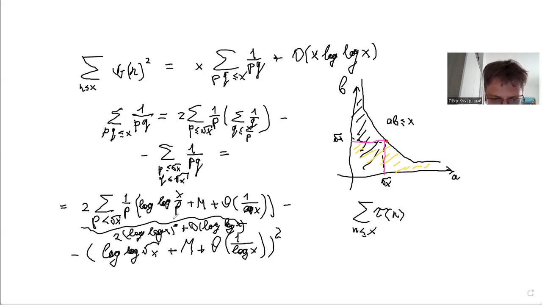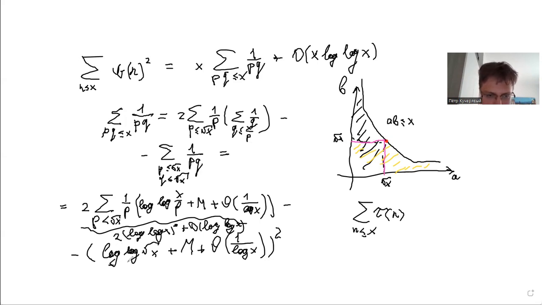And you should deal with this sum, but as I said, the difference with log x is big O of 1, and if you sum big O of 1 over p, you again have big O of log x.